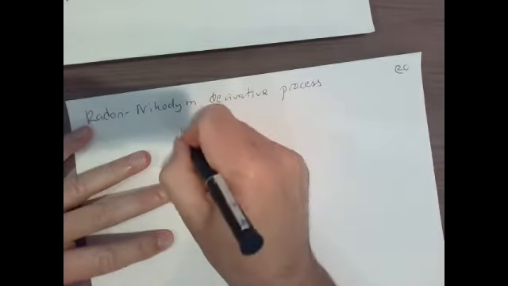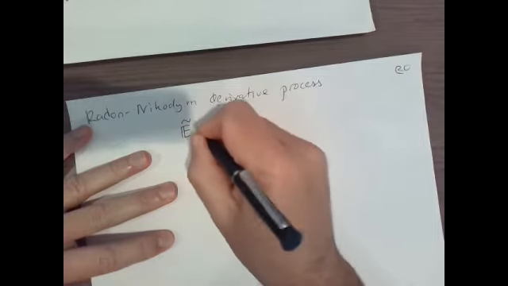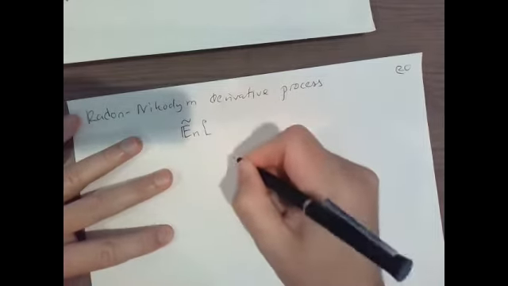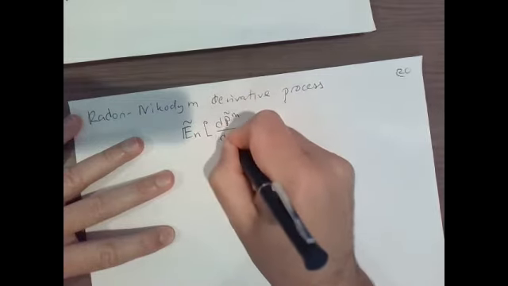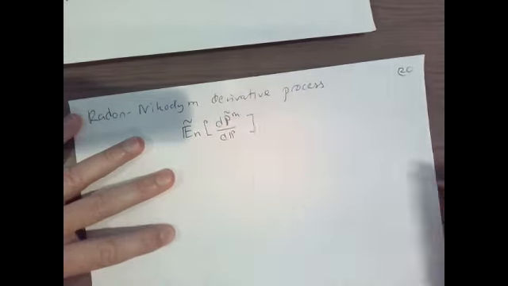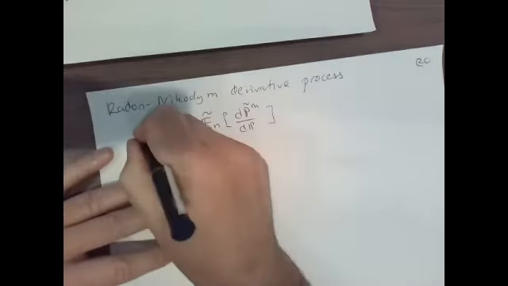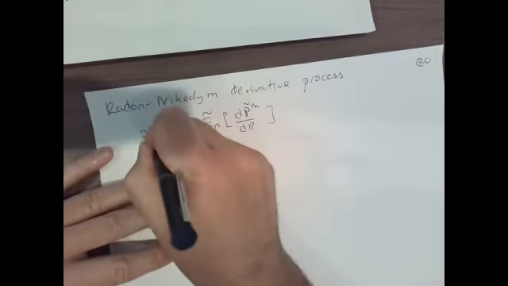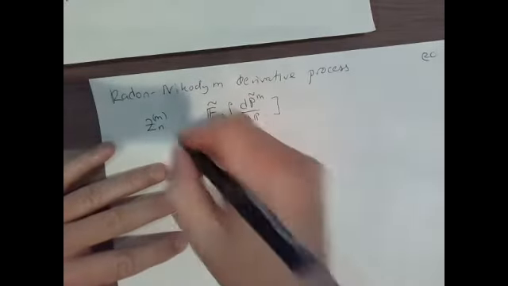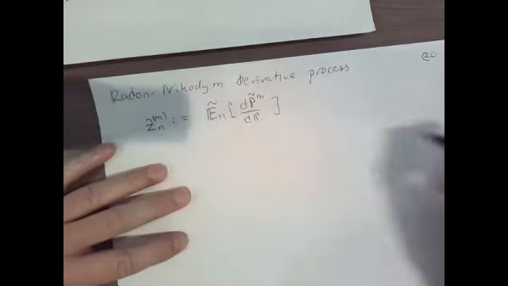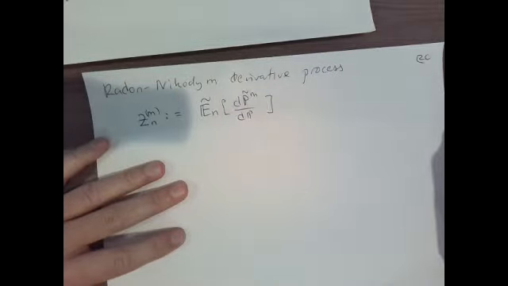It's going to be this E tilde_n of dP tilde M over dP tilde, and this is what we call Z_M^(n).